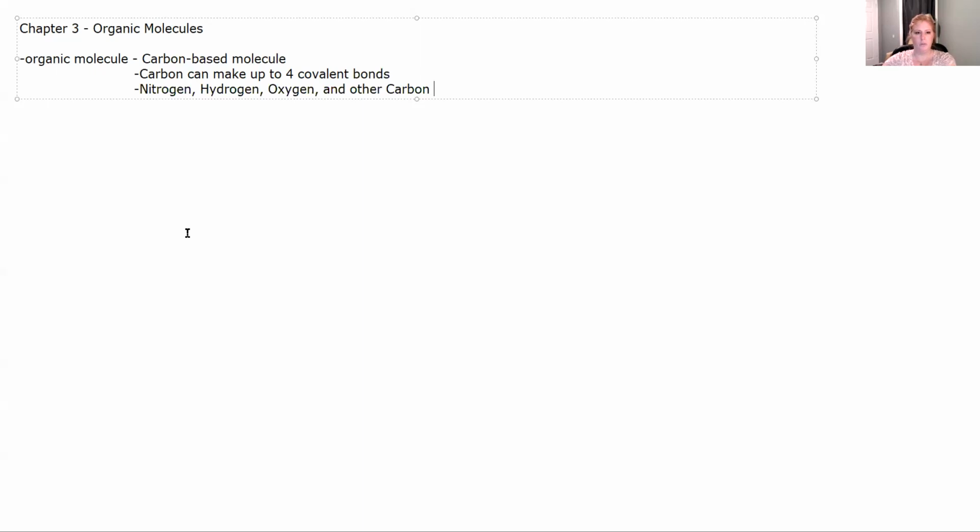Let me come over here real quick and remind you about carbon as an atom and how its valence shell allows it to make these additional bonds. Carbon has an atomic number of 6, so we know it has 6 protons, 6 neutrons, and 6 electrons.